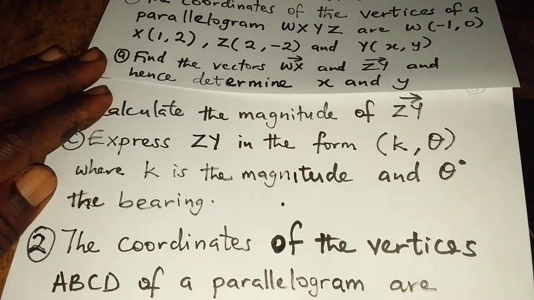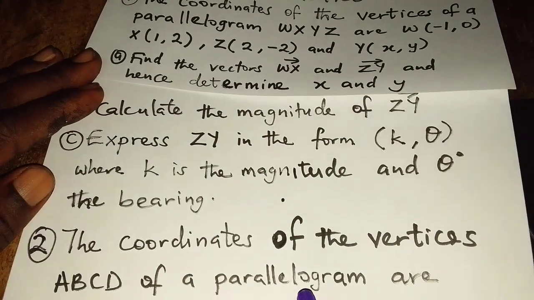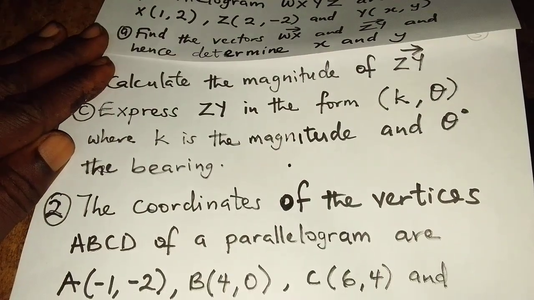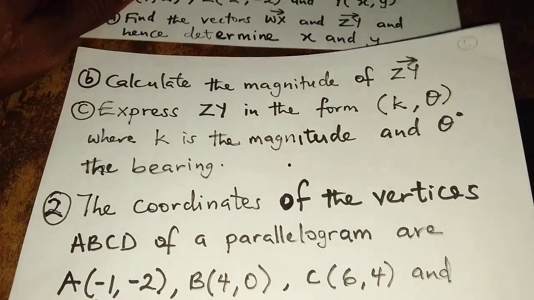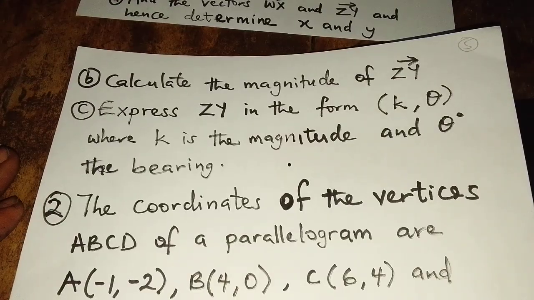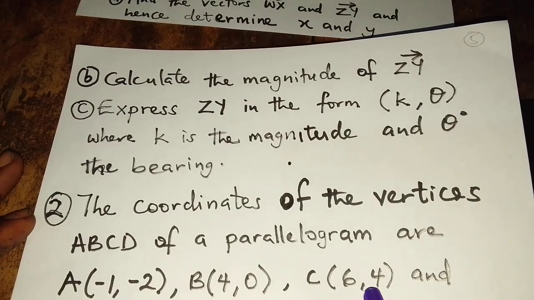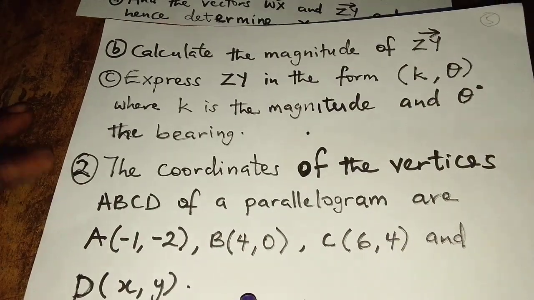Then number 2, the coordinates of the vertices A, B, C, D of a parallelogram are: coordinate of A, we have -2, -1 and -2. That of B is 4 and 0. C is 6 and 4. And D is what?